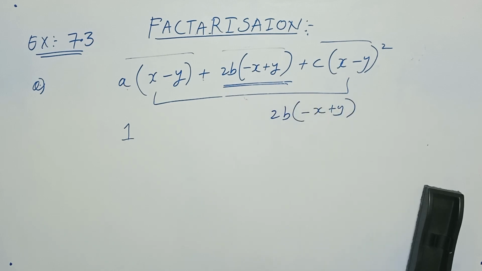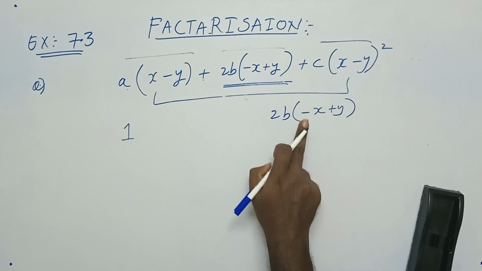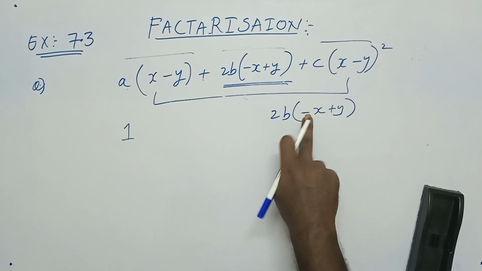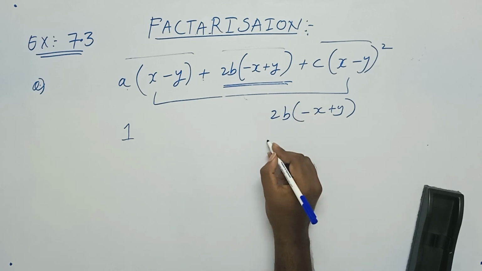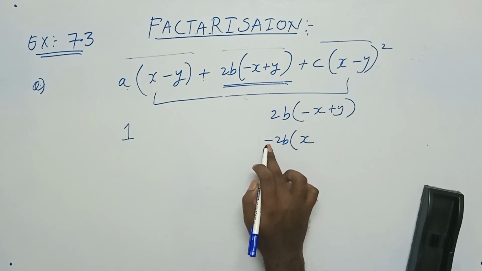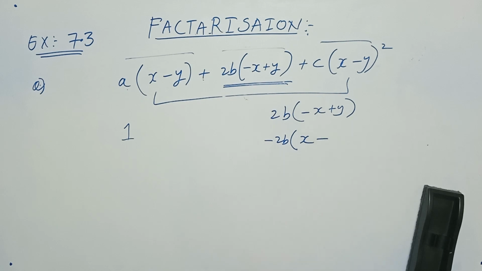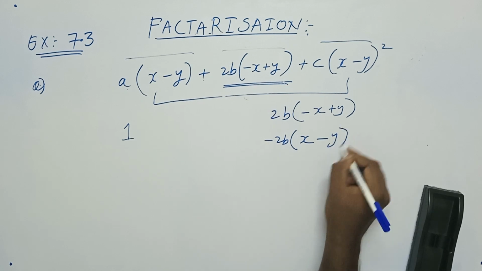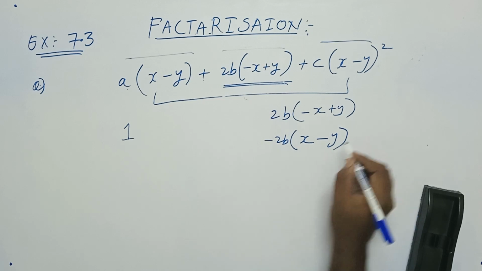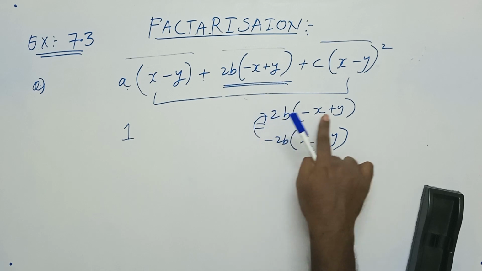Now what we are going to do is bring the minus sign outside the bracket. If you bring the minus sign outside the bracket, it becomes −2b(x − y), since minus into minus is plus, and we keep minus y. So −2b(x − y) is equal to 2b(−x + y).